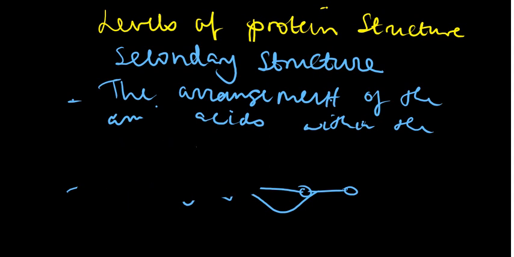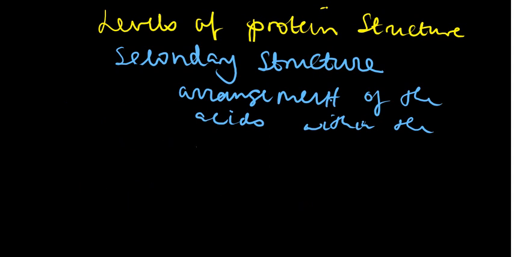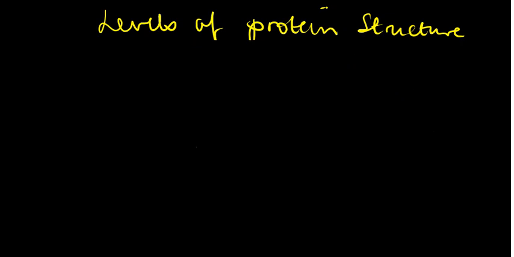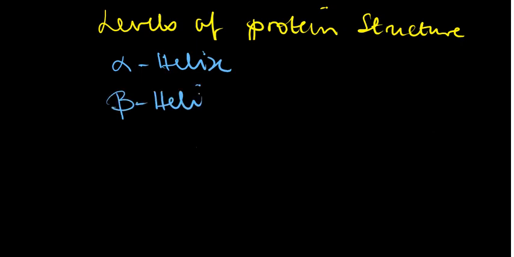We have what we call the alpha helix, and the beta pleated sheet.